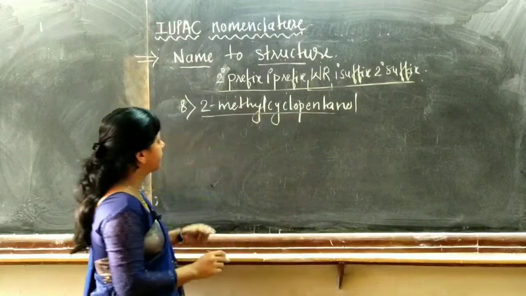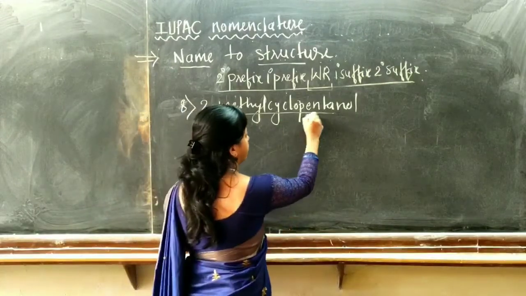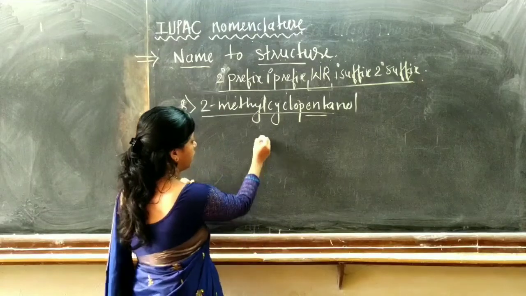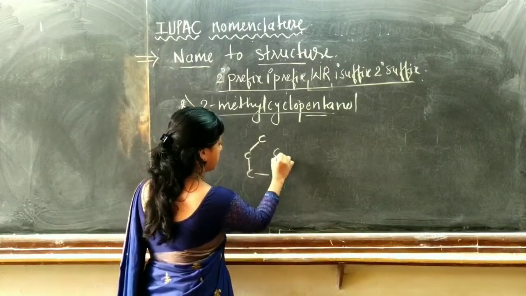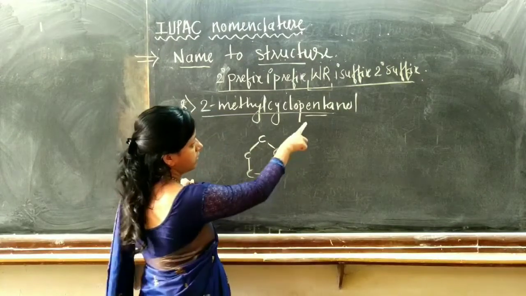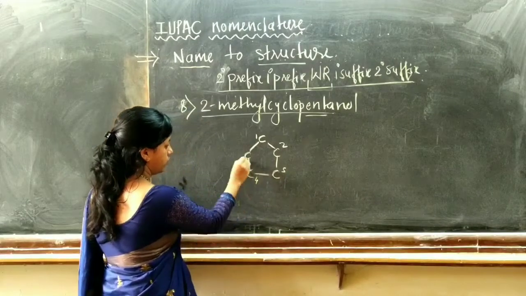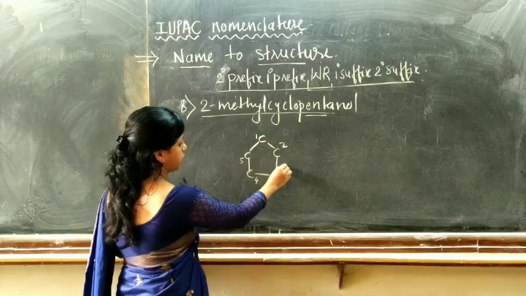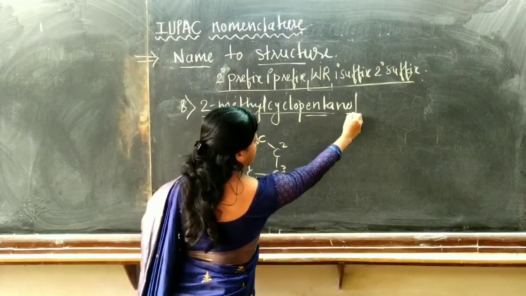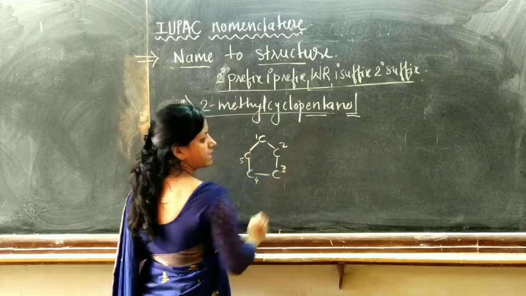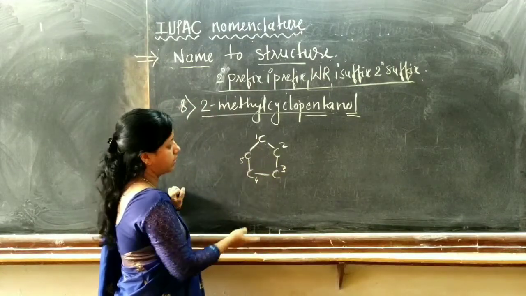So next example is 2-methylcyclopentanol. Pent is the root word and it has cyclo, which means we have to write 5 carbons in a ring. So we give the numbering 1, 2, 3, 4, 5 here. It has OL as the secondary suffix, and AN is the primary suffix. Primary suffix AN means it is a saturated compound.